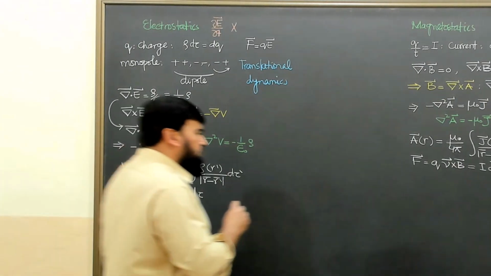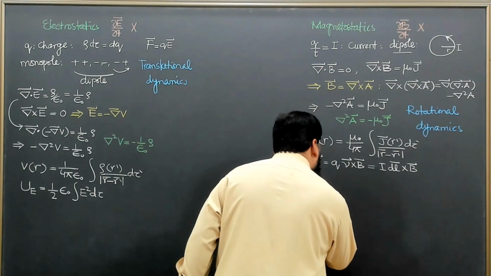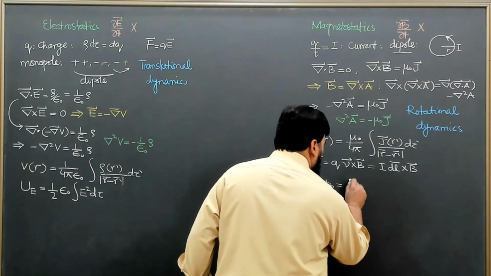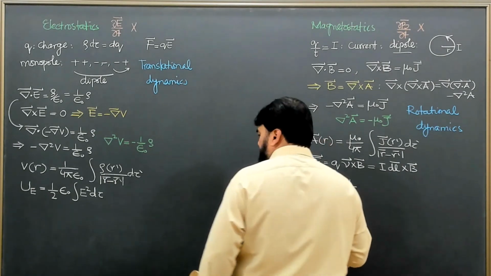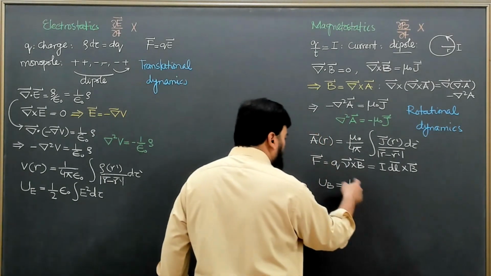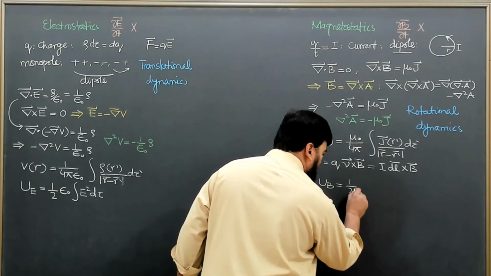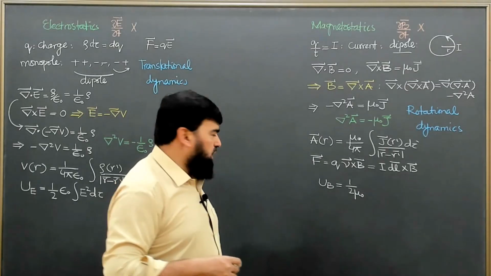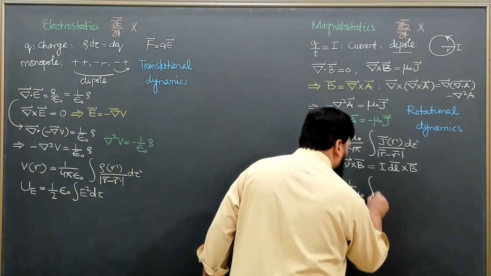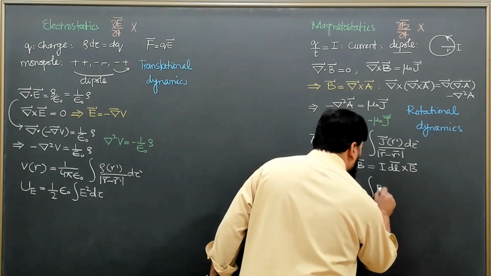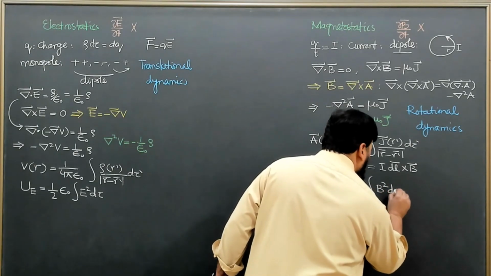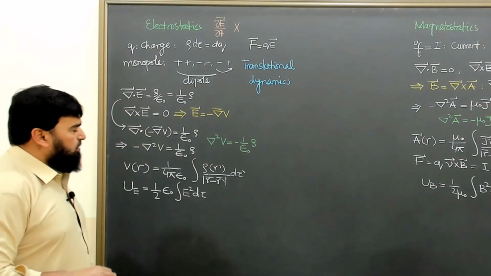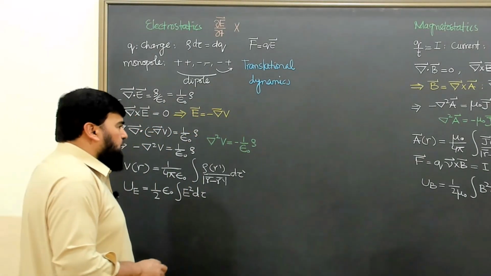Now the same energy in the magnetostatic field, U B, is half, with 1 over mu naught, so we will have mu naught in the denominator, and then B square here, and d tau. So this is another analogous equation to that one.